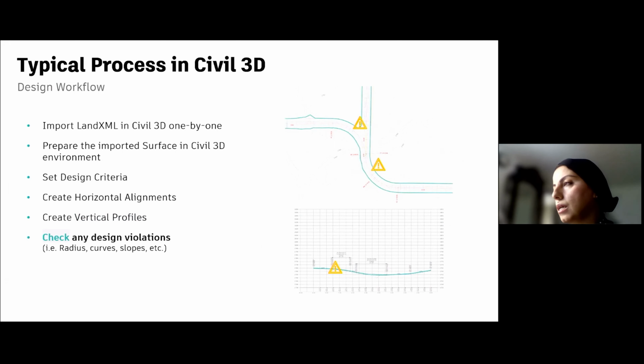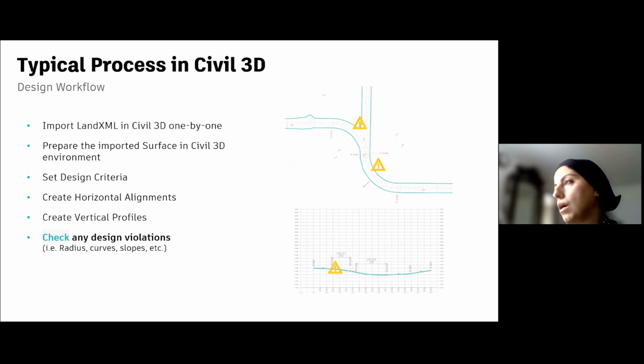So finally, once we have all of the design, let's say the alignments, the profiles, and all of the objects for the roads or the turbine pads, we check if there's any violations because we already set the design criteria. We check if there is any violation for the radius. We need to have specific radius.